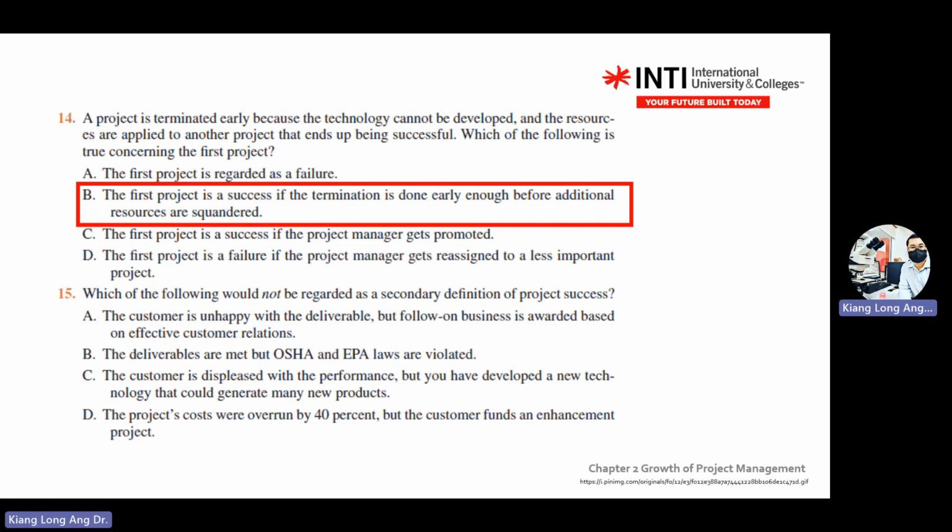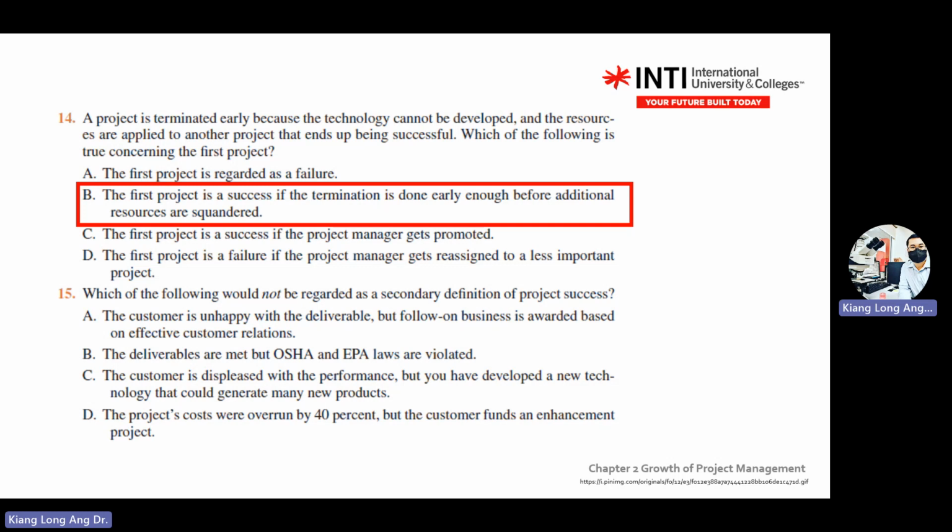Okay. So the rest is not, lah. There's no mention of promotion here. Reassign to a less important project is not here. First project regarded as failure. So there's no failure criteria here. Okay. Failure is what? Not achieving customer requirements. Right. So okay. Number 15.